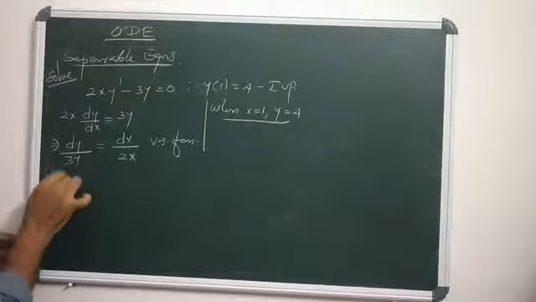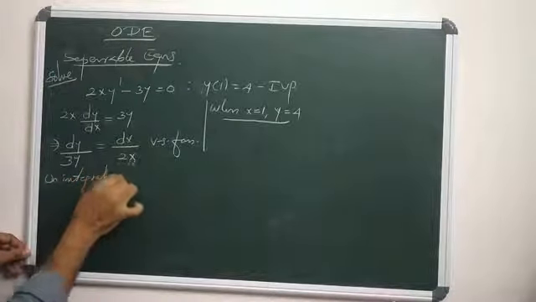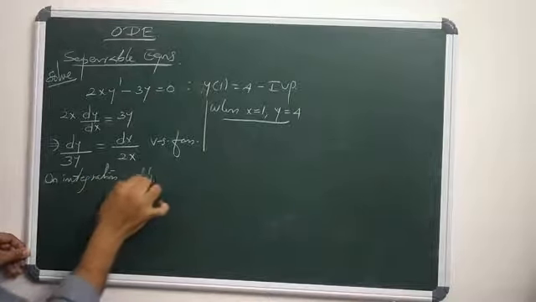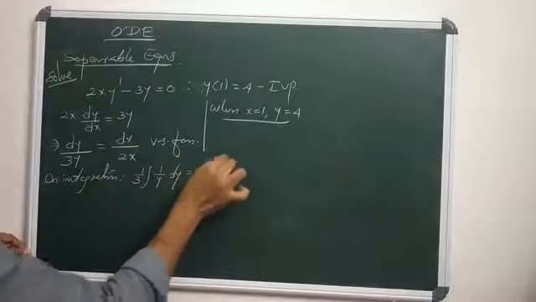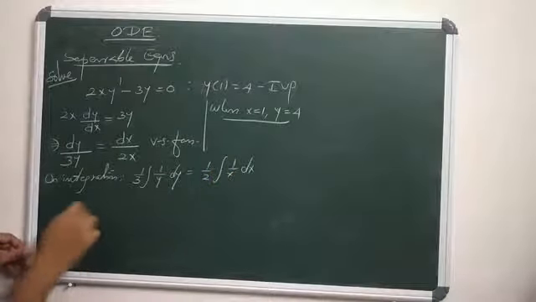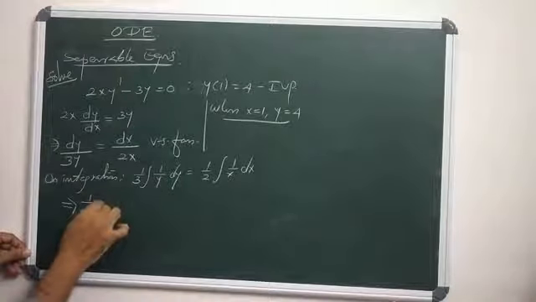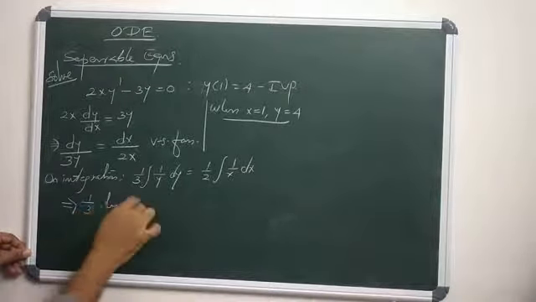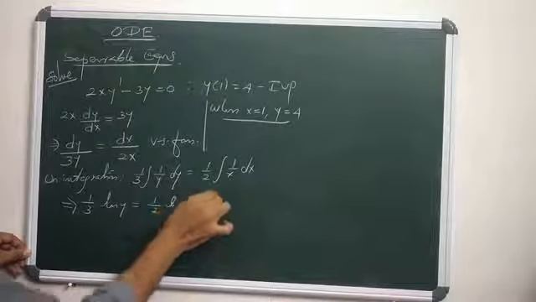So on integration, what do you get? Integral 1 by 3 into integral 1 by y dy equals 1 by 2 into integral 1 by x dx plus integrating constant c. That means 1 by 3 into log y equals 1 by 2 into log x plus log c.